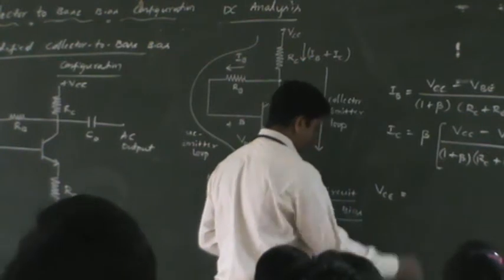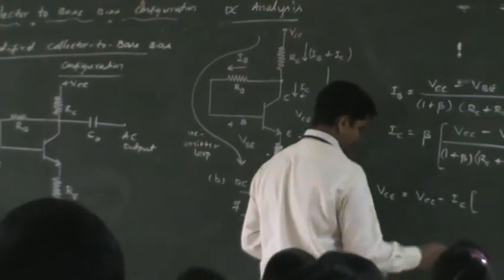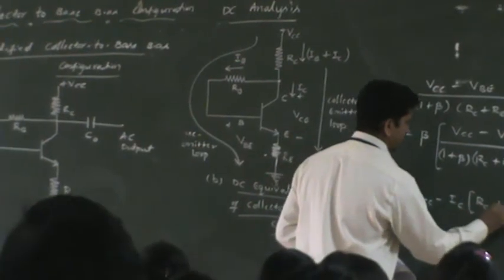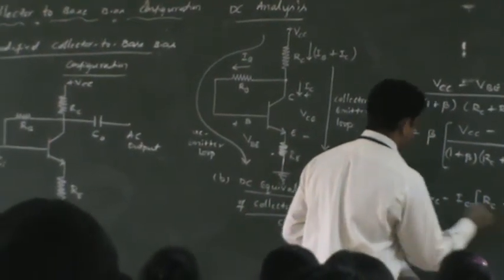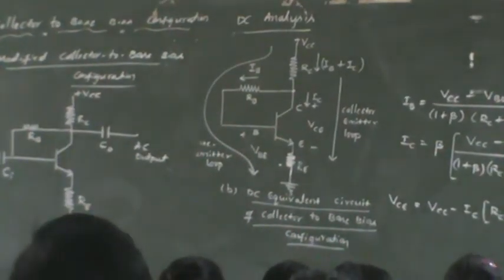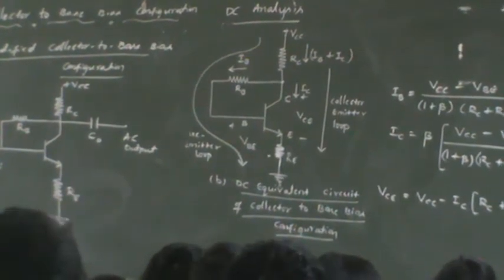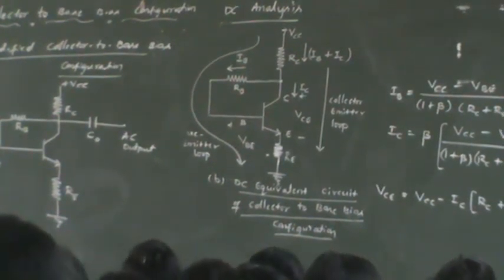VCE is equal to VCC minus IC times RC plus RE. So these are the expressions. At home we can try it by applying KVL to the base emitter loop and collector emitter loop, and get the same answer.